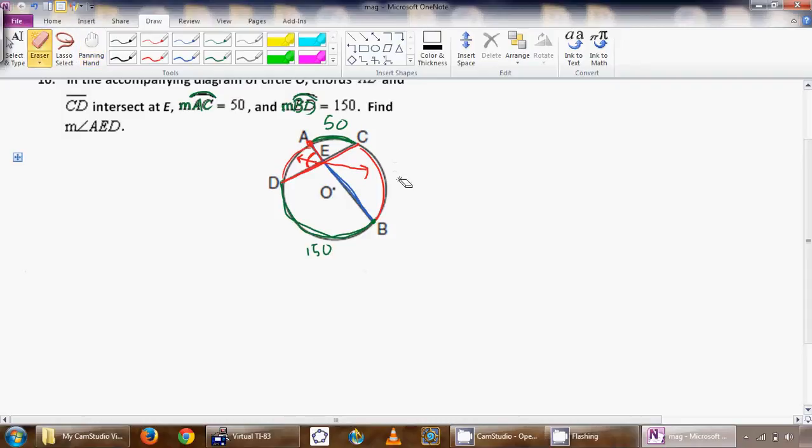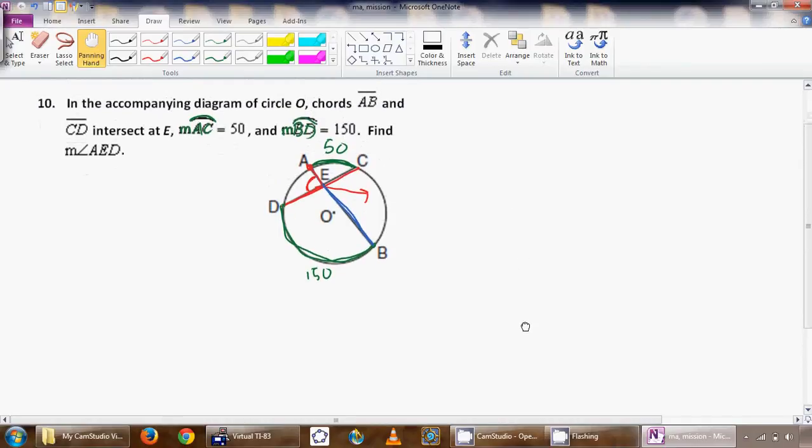So I can't use that arc theorem from intersecting chords to figure out the angle that way. What I do have, what they did give me, was arc AC and arc DB. Therefore, they point to this angle. I can figure out that angle.